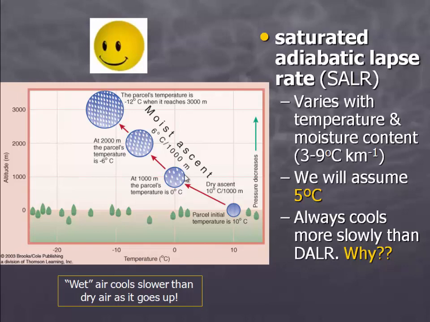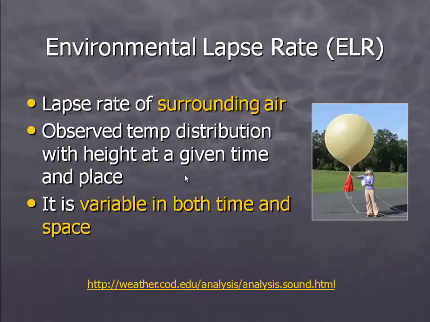DALR is 10 degrees Celsius per kilometer. The SALR is 5 degrees Celsius per 1 kilometer. So we take the DALR, we take the SALR, and then what we can do is actually compare the parcel to the surrounding environment. Okay, so in your notes, this is what I would like you to do.